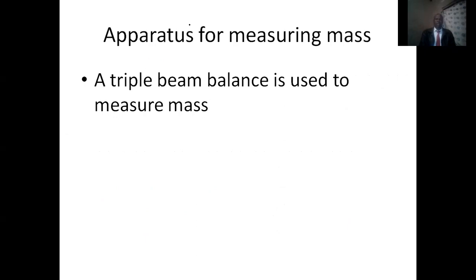And so mass can be measured using the familiar apparatus known as a triple beam balance.